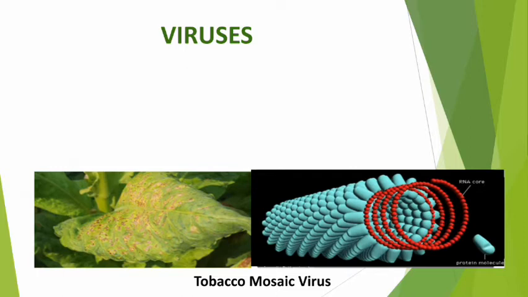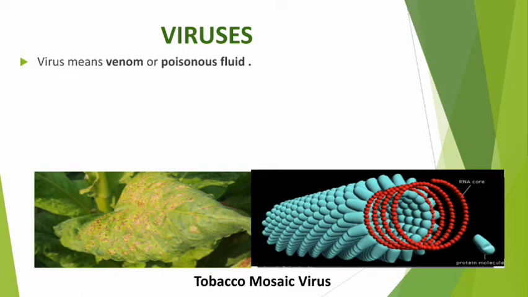Because of this, viruses are not considered in classification, as this is a confusing character. They show both living as well as non-living characters. So we study viruses as a different topic. Today let us learn about virus.